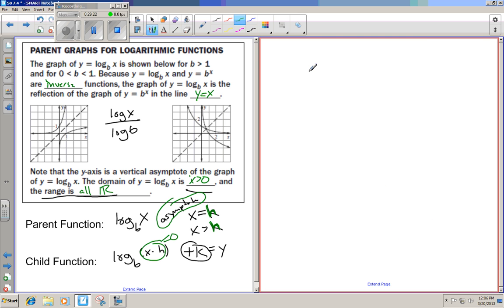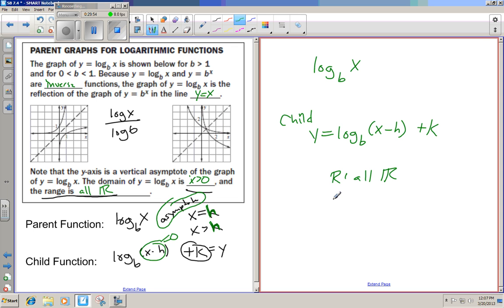All right, so this is the parent function, and this is the child function: log base b of x minus h, plus k. For logarithms, the range is all real numbers.